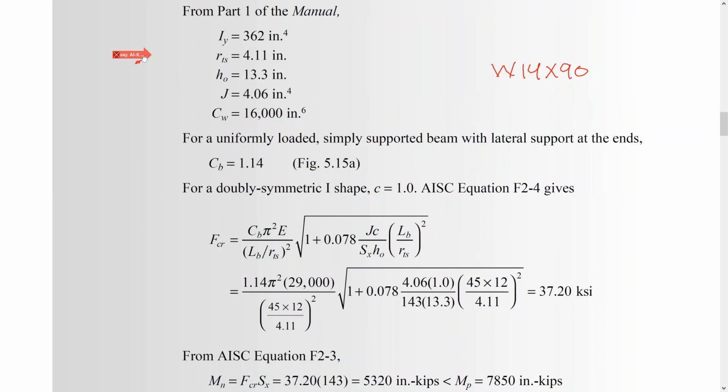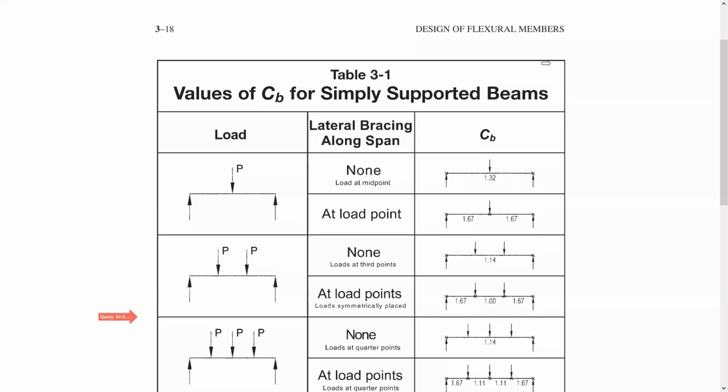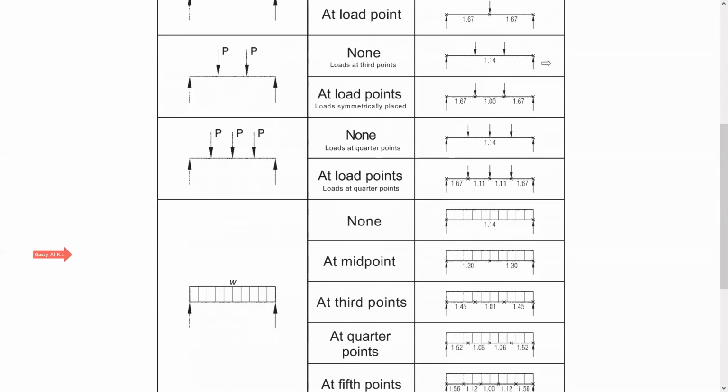For a uniformly loaded, simply supported beam with lateral support at its ends, Cb is equal to 1.14. Let me show you where we can get this value directly without doing any calculations. Last time I introduced this table, Table 3.1, values of Cb for simply supported beams, and our case is this one here.